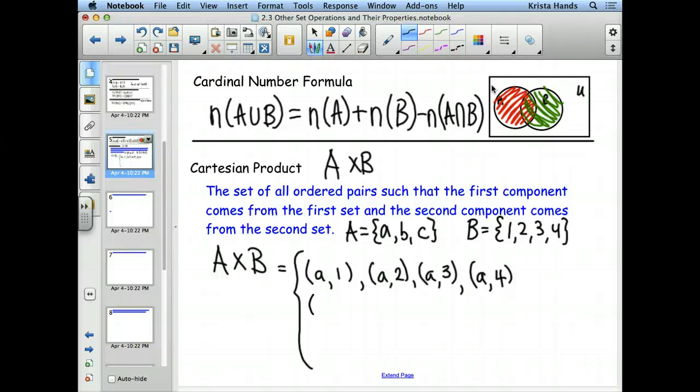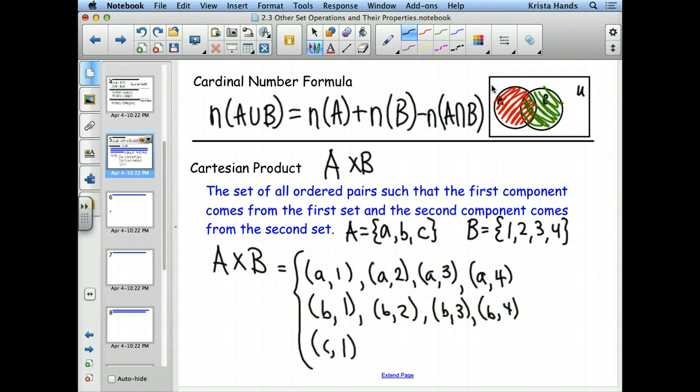b and c. So I can do the same thing with b that I just did with a. I can do b with 1, b with 2, b with 3, or b with 4. Or I could do c with 1, c with 2, c with 3, or c with 4.